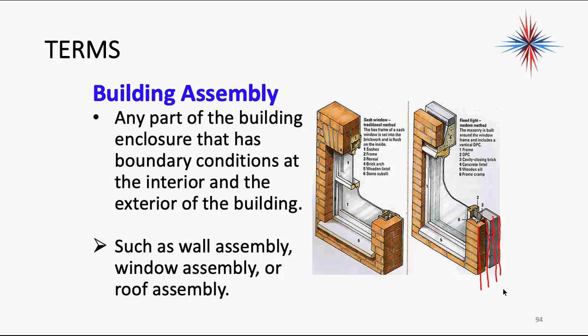Same with the roof. I want to know the color and type of roof, and I do need to know the width of the plywood under it, but if there's an additional membrane or something like that, I could care less about that. I'm caring about the thickness of the major materials.